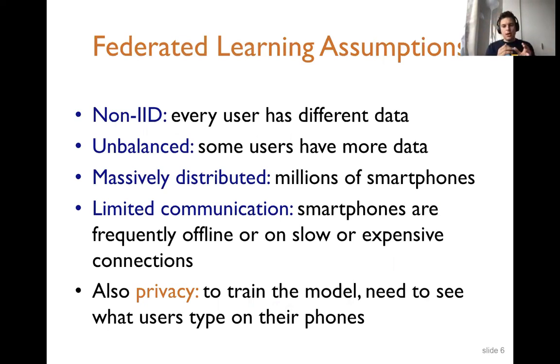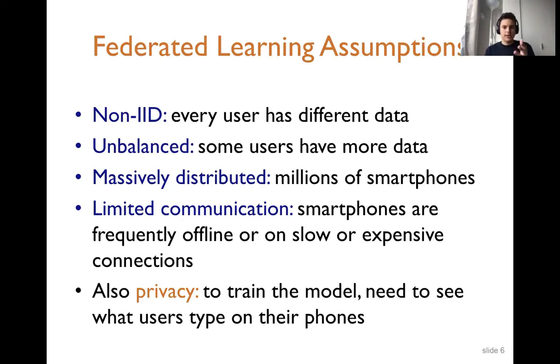The overall features that federated learning has are really destined for success in the real world, because federated learning supports non-IID data. Basically, everyone who has different data can participate in this training, and it doesn't rely on the data being similar across devices or equally distributed, or IID.